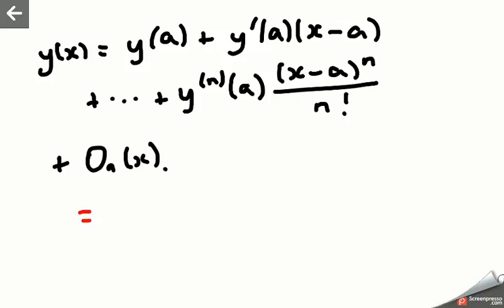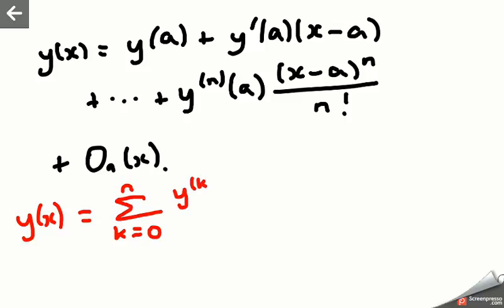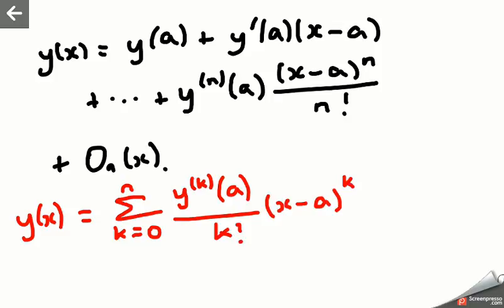And now, because we have it like this, another way to write that is y of x is equal to the sum from k equals 0 to n of y differentiated k times at the point a divided by k factorial times (x minus a) to the power of k, plus Rn of x.